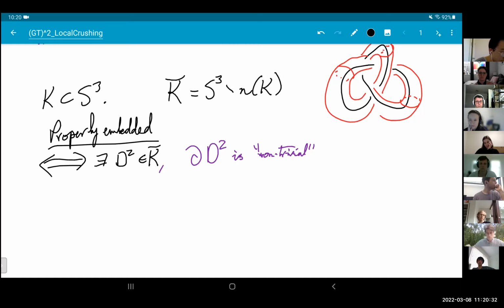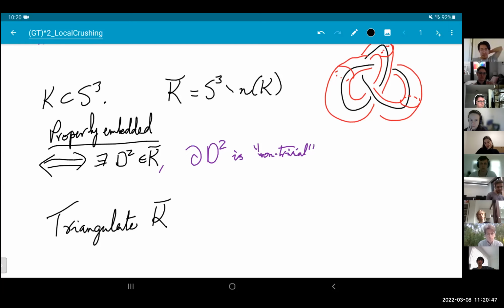Okay. So what we're going to do now, because we want to do computation, is triangulate. I'm going to triangulate the knot complement, because this will give a discrete and finite representation of it.